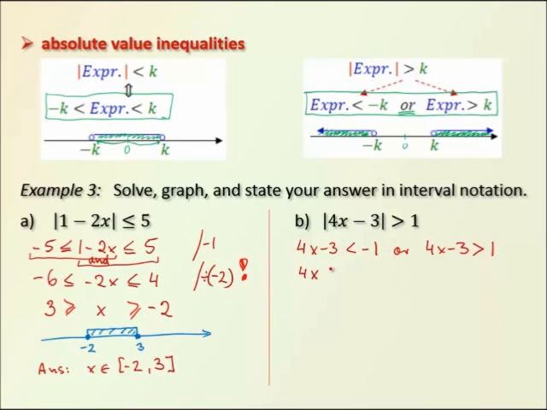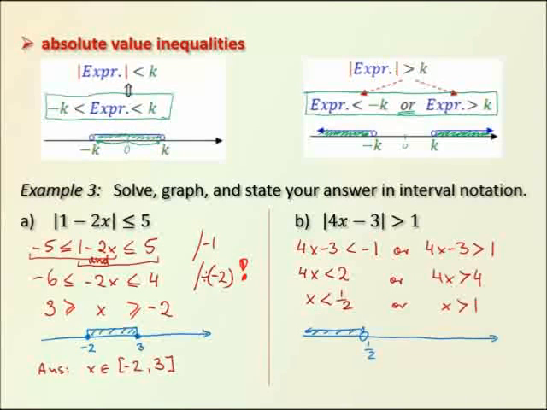That will be 4x smaller than -1 plus 3, which is 2. Therefore, x is smaller than 1/2. Or 4x is bigger than 4. Therefore, x is bigger than 1. And again, let's draw it on the number line. x is smaller than 1/2. Let's say 1/2 is here and all x's smaller are there. Or x is larger than 1.